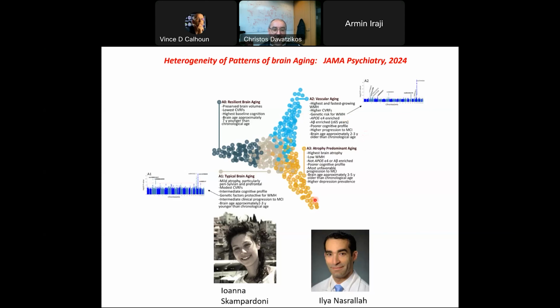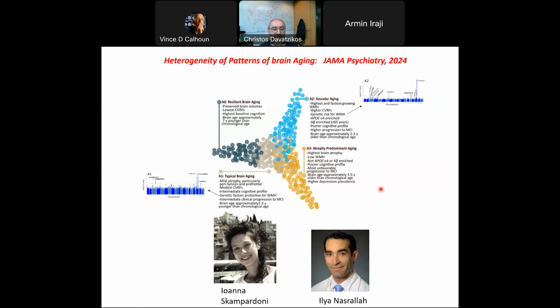However, the other path was something we cannot yet explain. They had the most aggressive patterns of atrophy, but they were not enriched in ApoE4 or amyloid. They were not enriched in the white matter lesions, but they had higher incidence of depression. So these people are getting very pronounced atrophy, but not for reasons that could be associated with either cardiovascular or Alzheimer's disease.